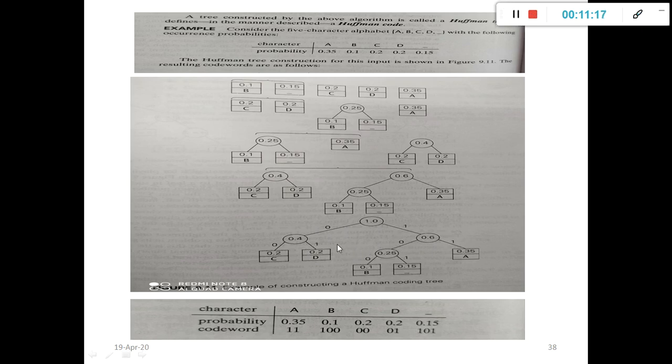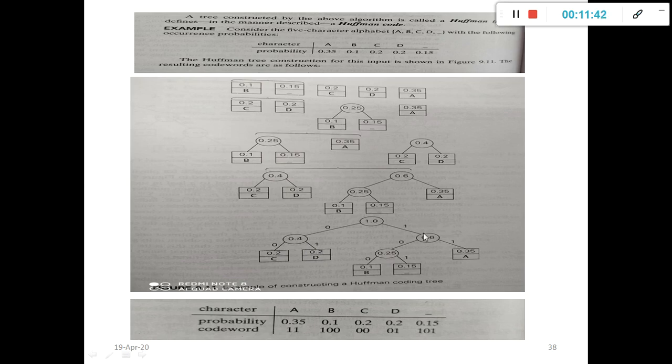Next, for this obtained single tree, you have to label all the left edges with value 0 and all the right edges with value 1 as shown in this example. For example, this is a left edge, assign it the value 0. This is a left edge, assign it the value 0. Again this is a right edge, assign the value 1.